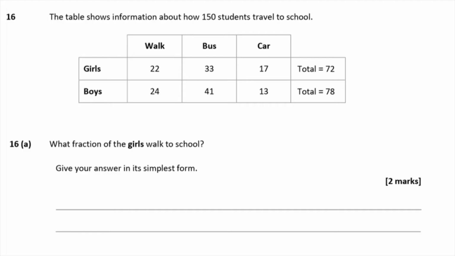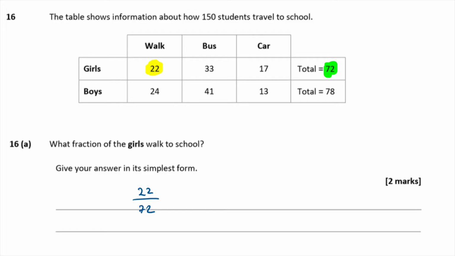So what fraction of the girls walk to school? Well, the girls walking to school are these 22 here, and there are a total of 72 girls. So the fraction of the girls walking to school is going to be 22 out of 72, isn't it? Are there any common factors there?